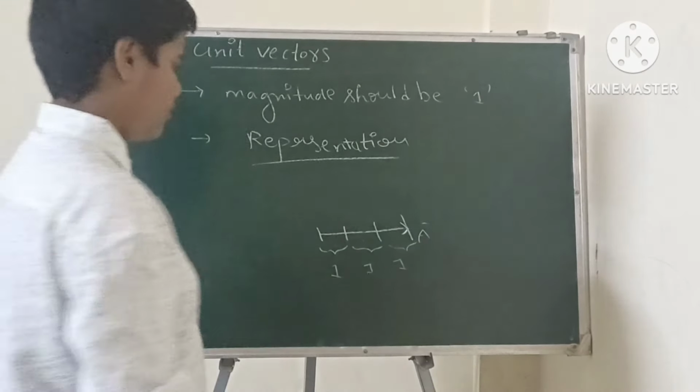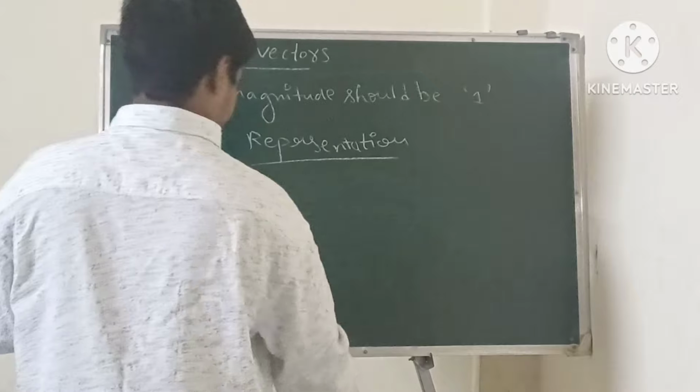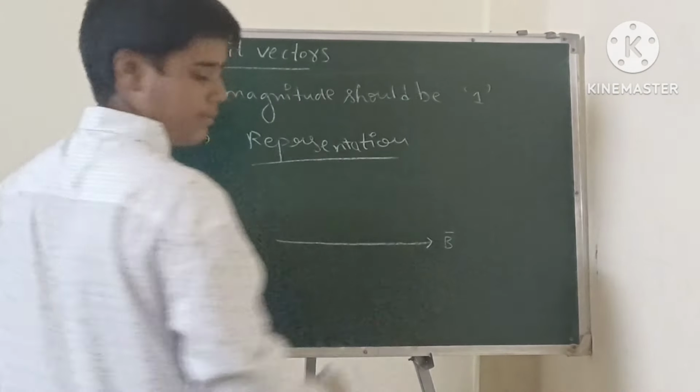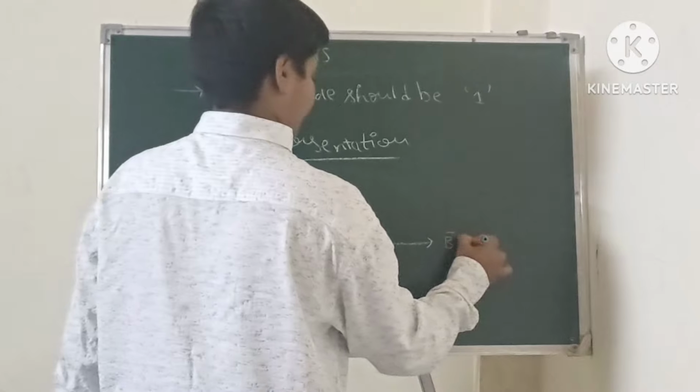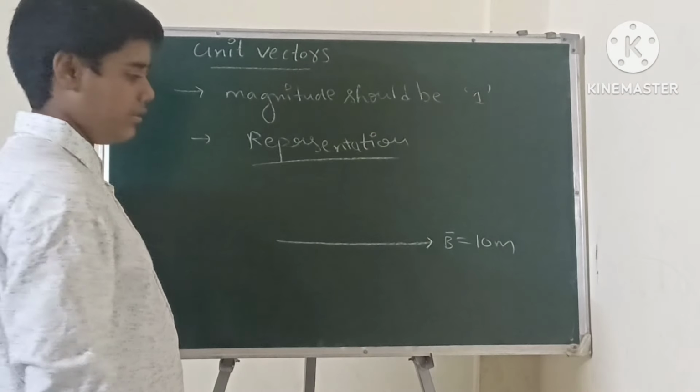Okay? Another example. This is a vector B bar, and this B bar has magnitude 10 meters. Okay?